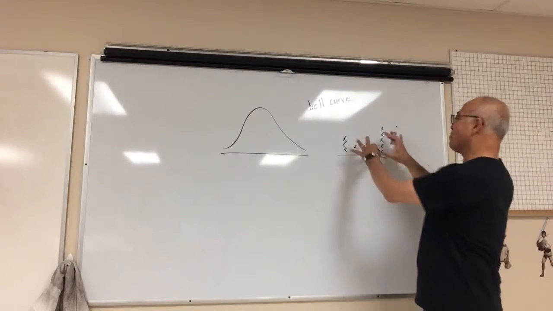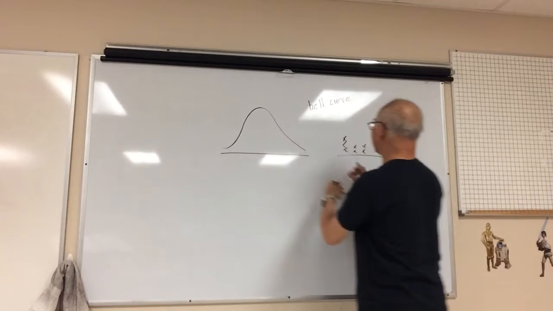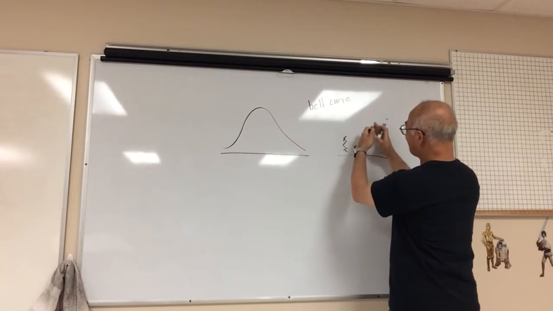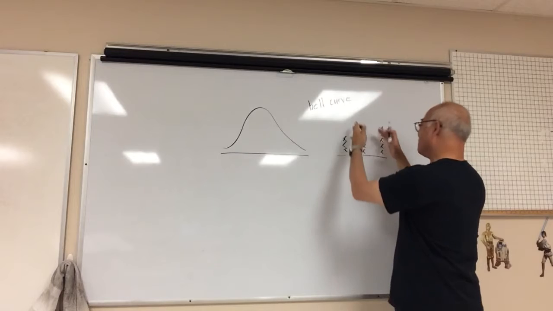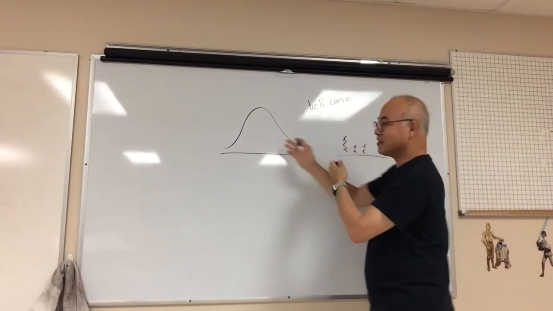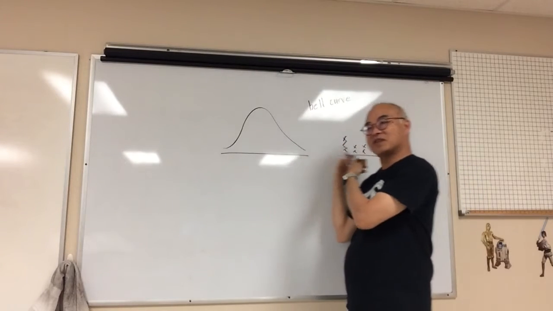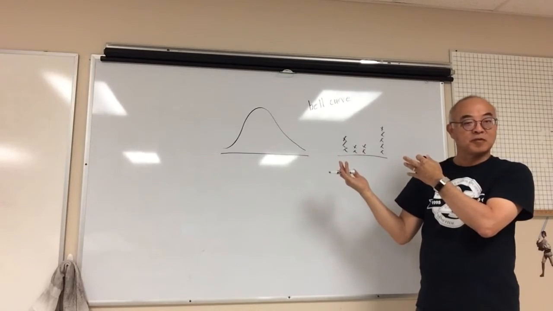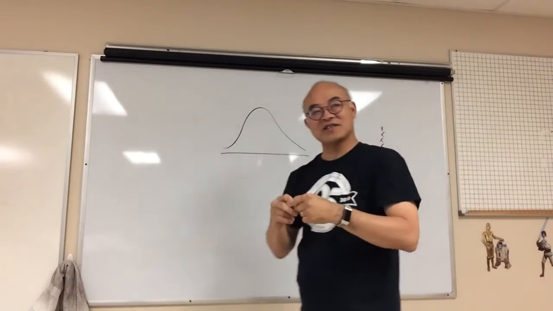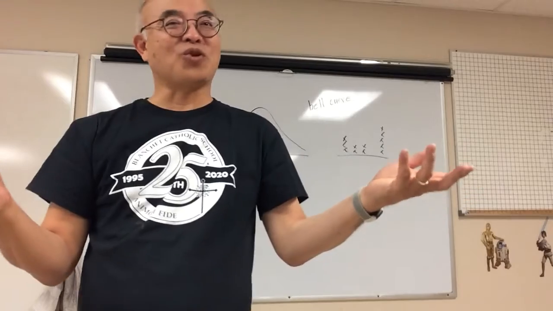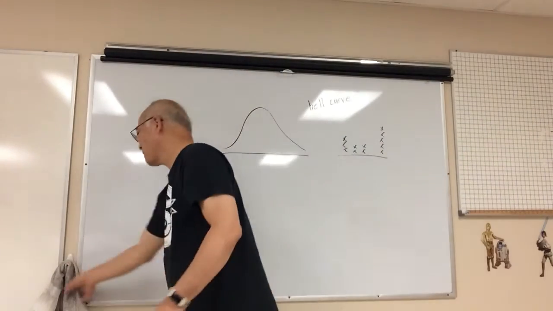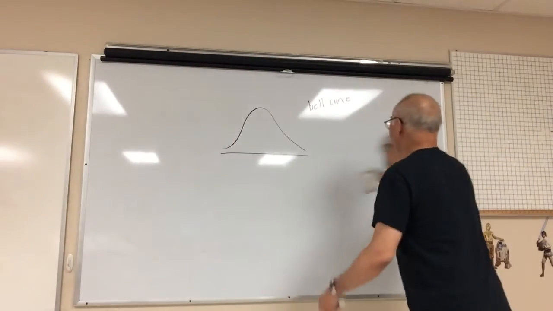If you can somehow make this into looking like this, some of these people are going to go up, hopefully, right? And some are going to go down a little, and it's going to look like this, and there's less of a difference, right? I mean, isn't that what you guys ask when you want us to curve the test? Okay. All right. So, bell curve.